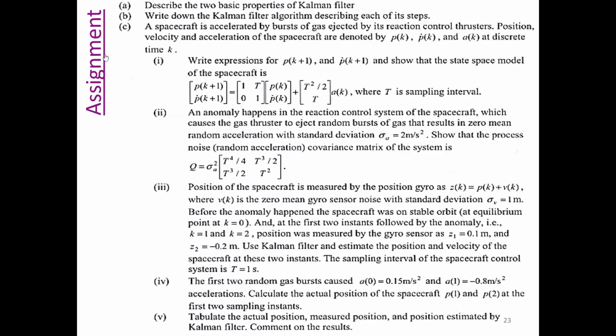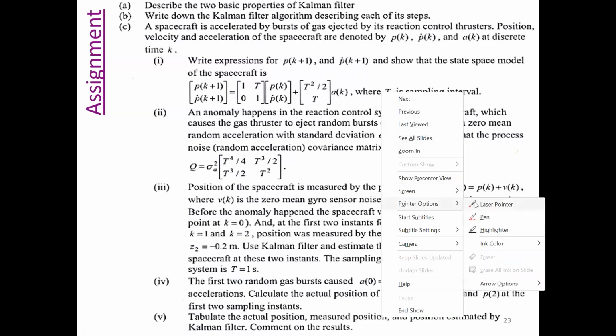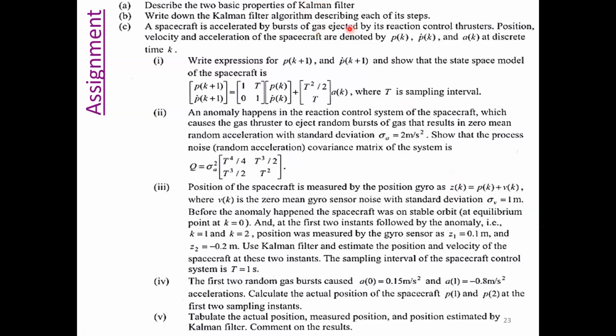This assignment has a few parts, A, B, and C. I will straight away go to C. This is the problem, and I will briefly describe it. A spacecraft is accelerated by bursts of gas ejected by its reaction control thrusters.